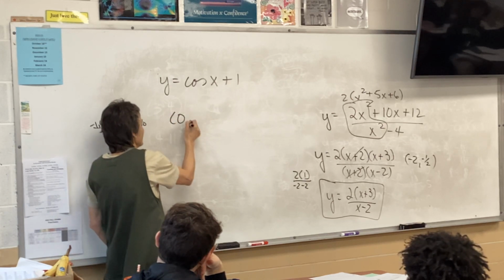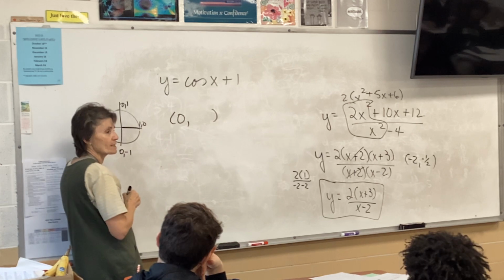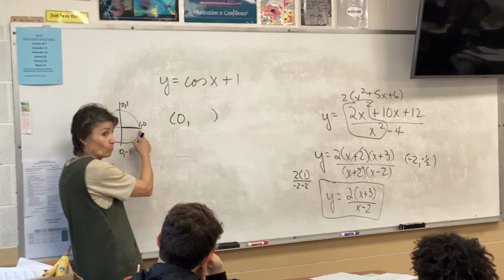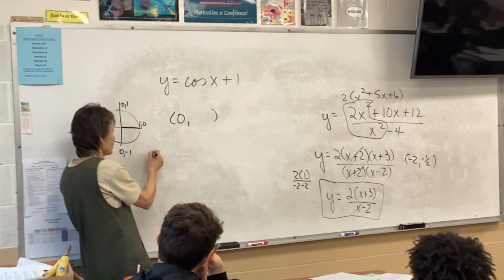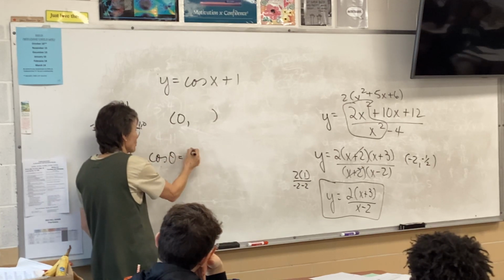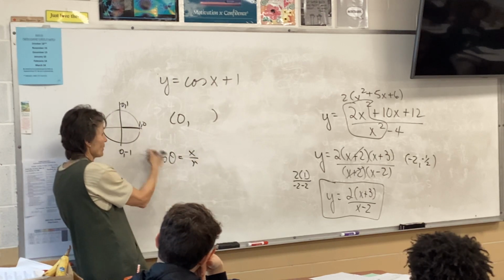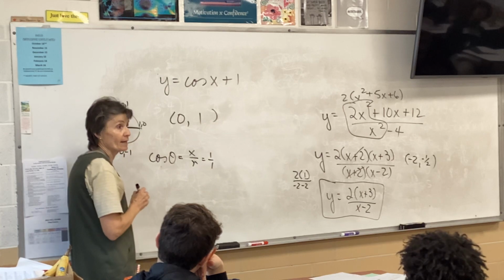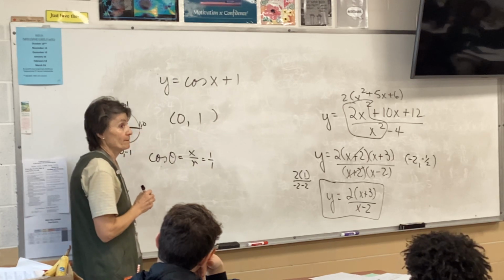If the angle is 0, what is the cosine of 0? It is 1. Exactly. Because cosine is x over r. So since the radius is 1 and the x-coordinate is 1, the cosine is 1.